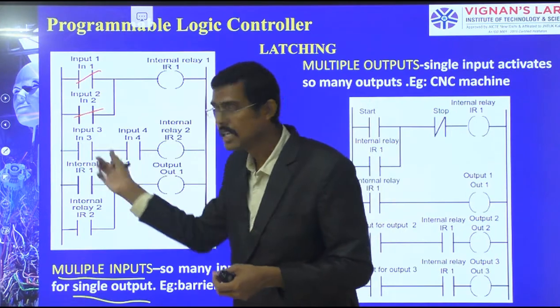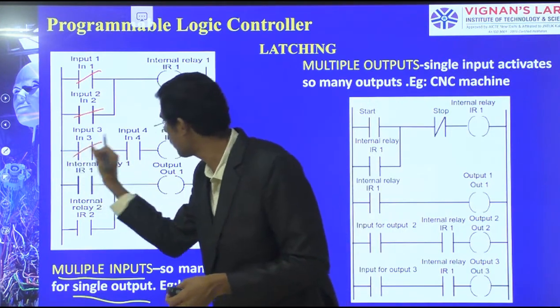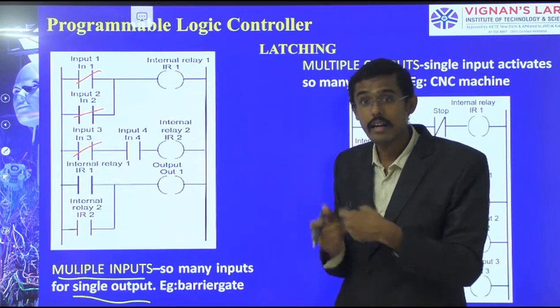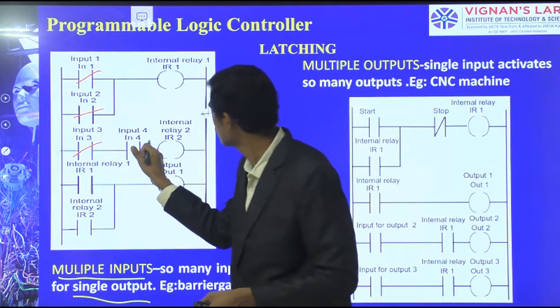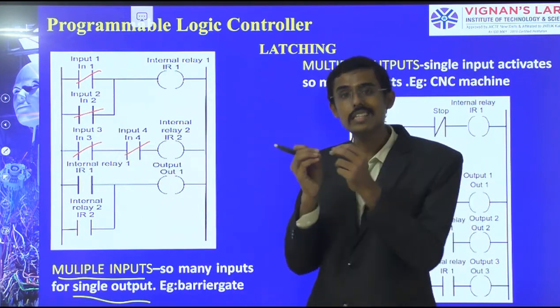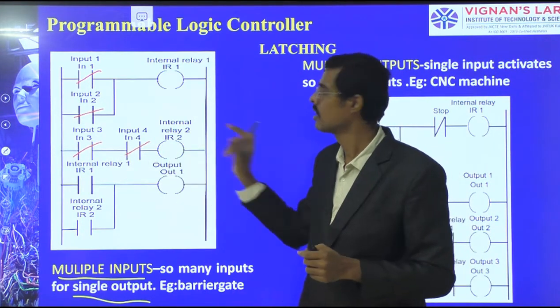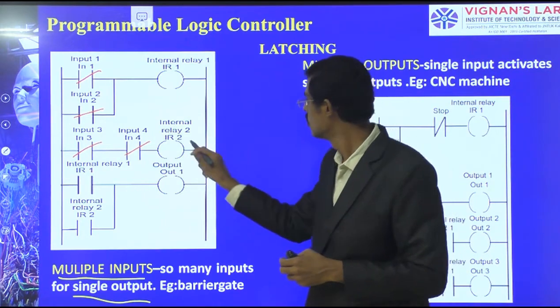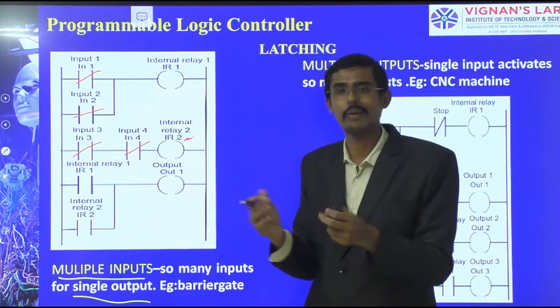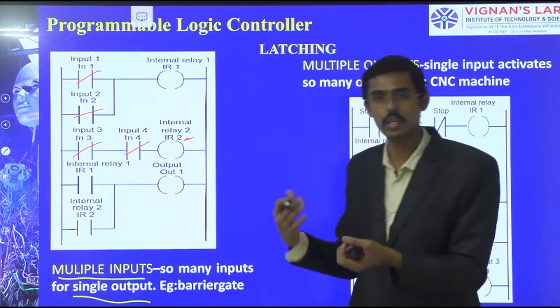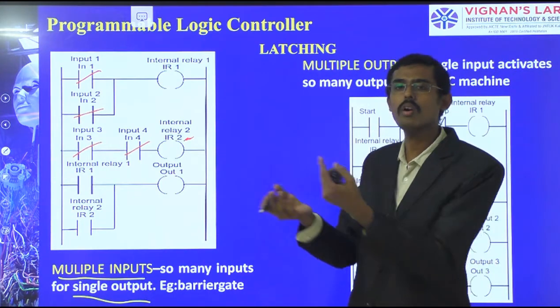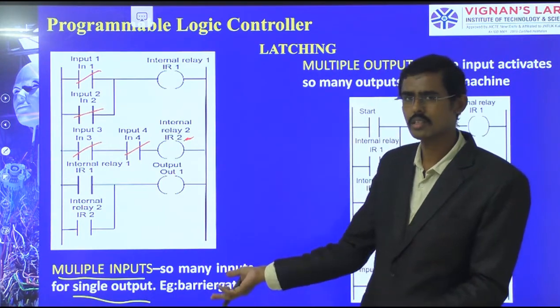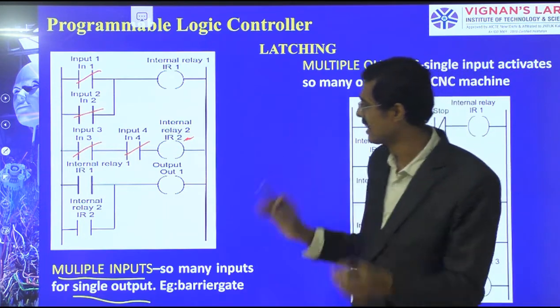Now multiple inputs I am giving: input 3 I have to give, and also input 4, so that this output activates. That means multiple inputs are given to activate one output. So that is the barrier gate we have taken as an example.